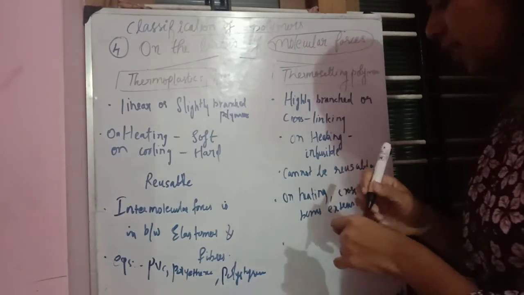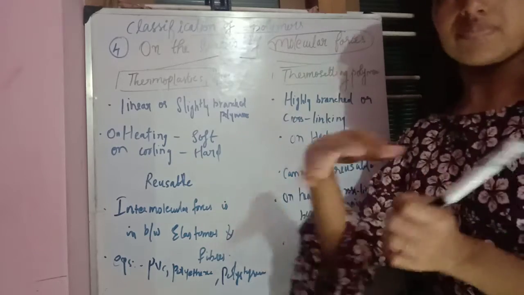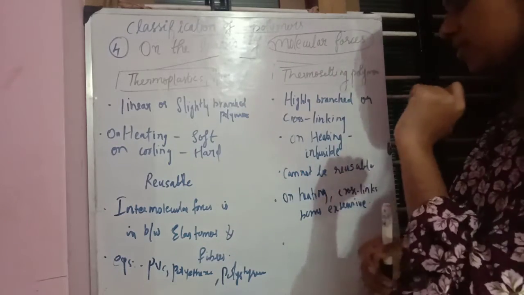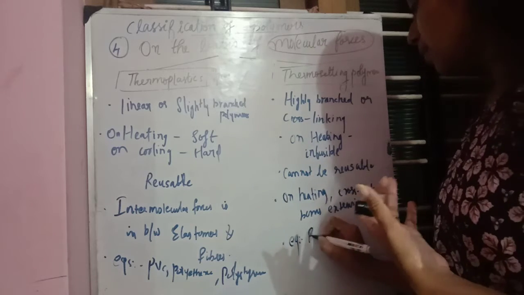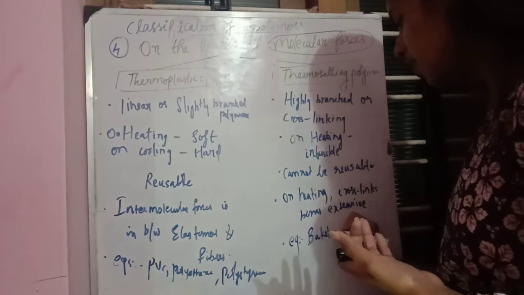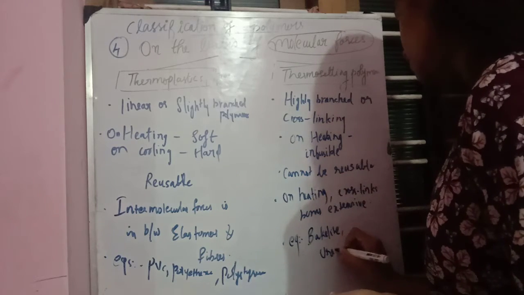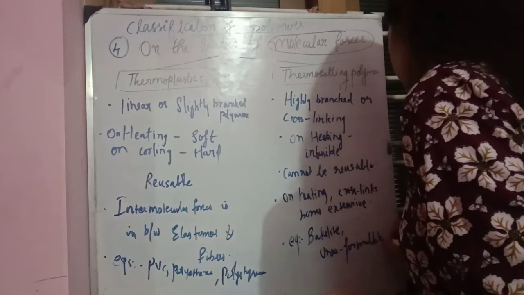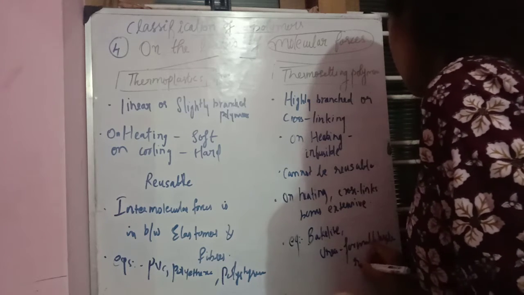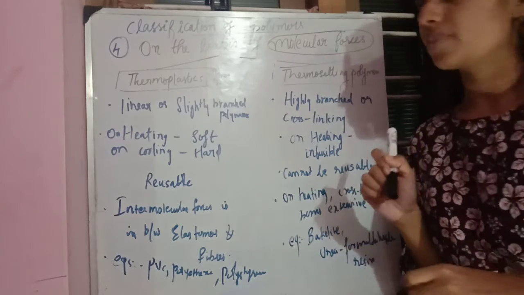Thermosetting means that if you give heat, they set. The examples of thermosetting polymers are Bakelite, which is very important to remember, and urea formaldehyde resin. These two are the examples of thermosetting polymers.